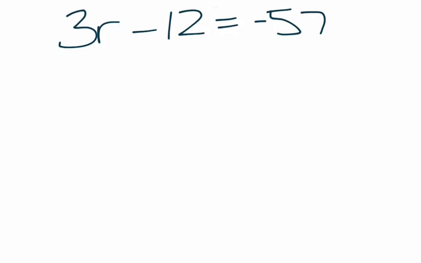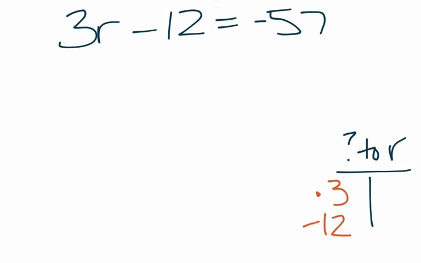Alright, so we're going to make our t-chart. Let's make it down here. And what is happening to r? The first thing that I notice is that it's being multiplied by 3, and that 12 is being subtracted. So what we're going to do is divide by 3 and add 12.